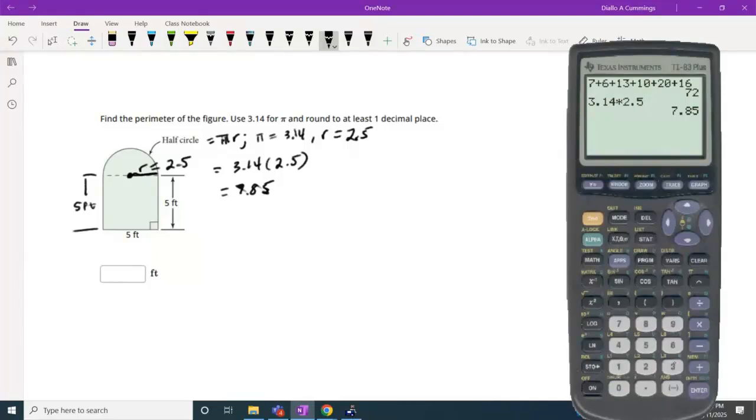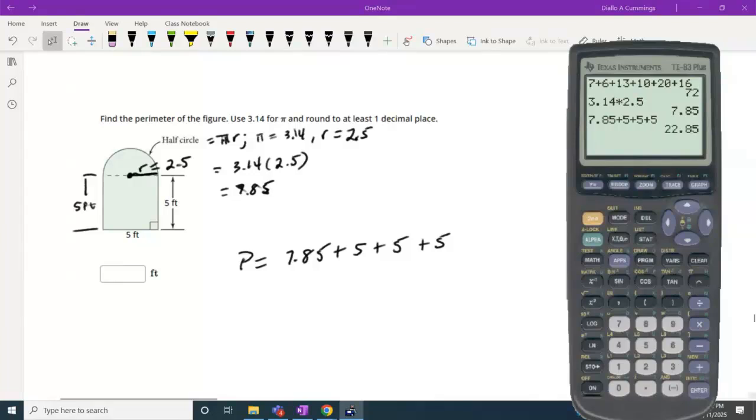So we have the cylindrical half dome, which is 7.85, plus we have our 3 side lengths of 5 feet. So 7.85 plus 5 plus 5 plus 5. That gives us 22.85. And when we round to 1 decimal place, we get 22.9.